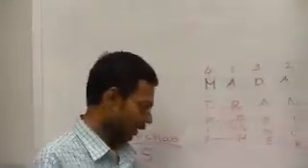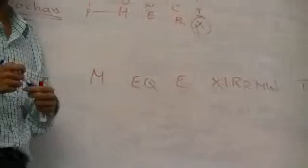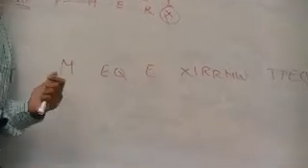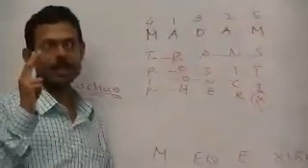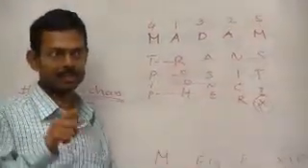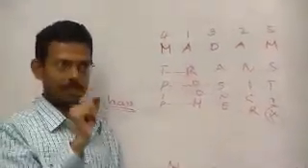You could try M or E, but this is ciphertext. So what would be the possible plain text for this M or E? A or I, right? Those are the only 2 standalone words in English, which means only 1 character forming a word.